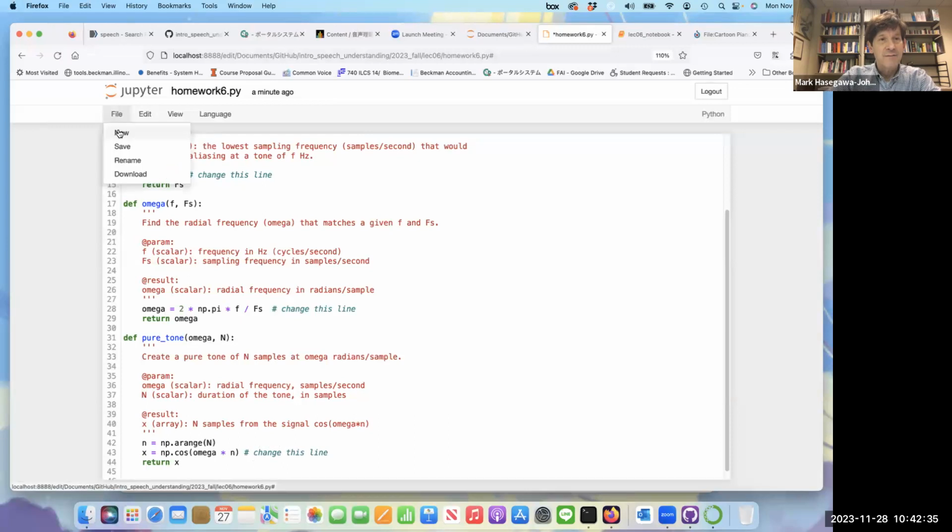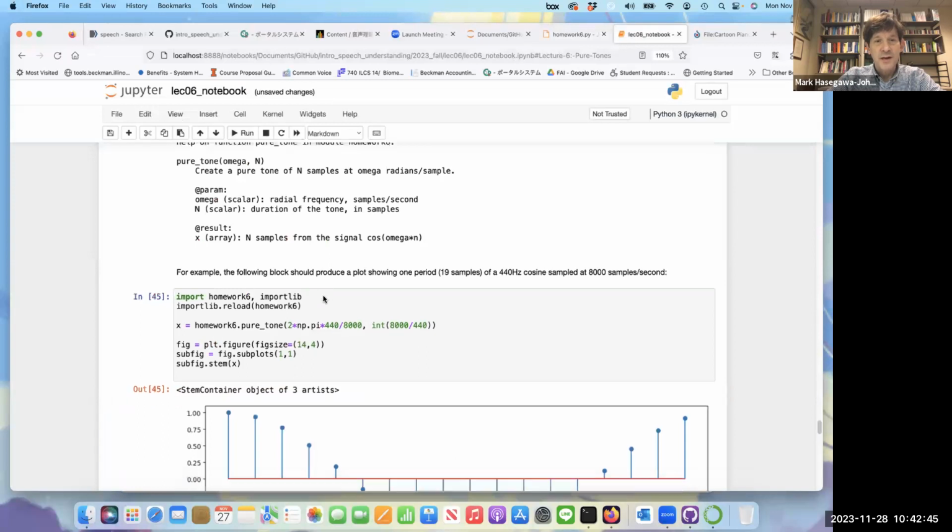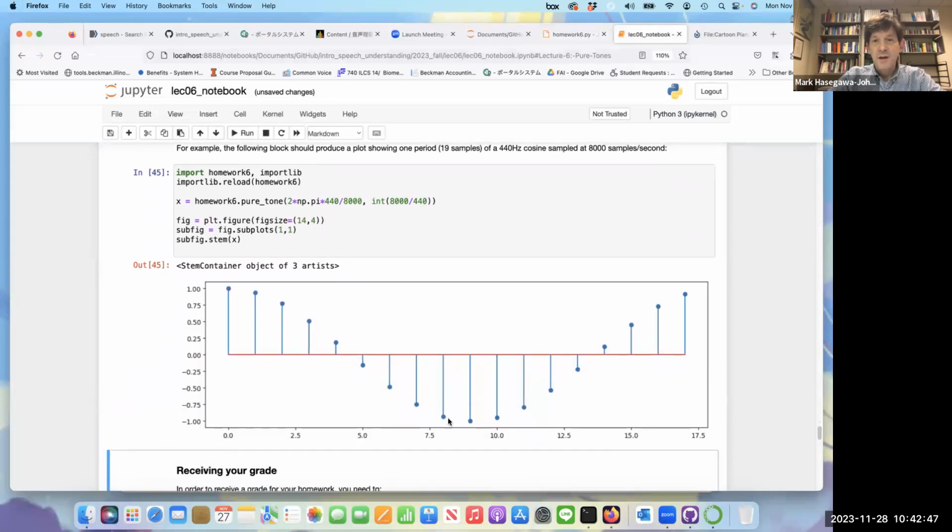And now I have capital N samples and the cosine of omega times little n for each of those capital N samples. And so if I run this code, then I should get one cycle of a cosine from a 440 hertz tone.